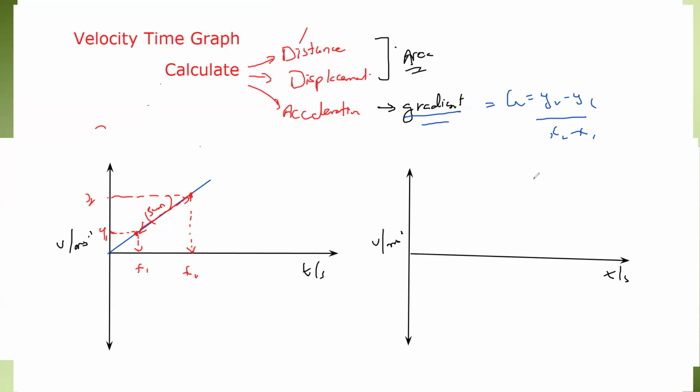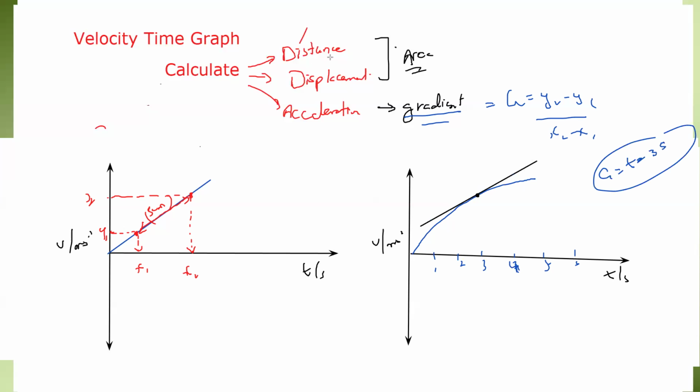Say this is a graph, and we have 1, 2, 3, 4, 5, 6, and so on, and we want to find the acceleration at time equals 3 seconds. How do we work it out? First you mark a point on your graph where time equals 3 seconds. Then you draw a tangent through this point. The tangent should only touch that single point.